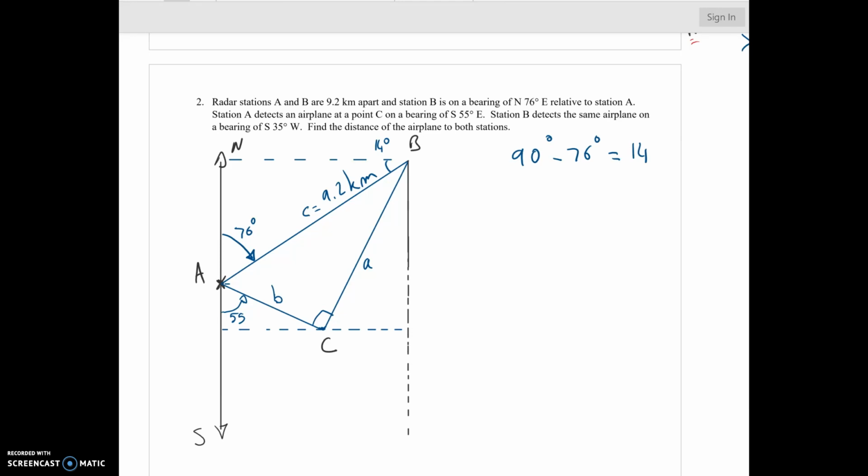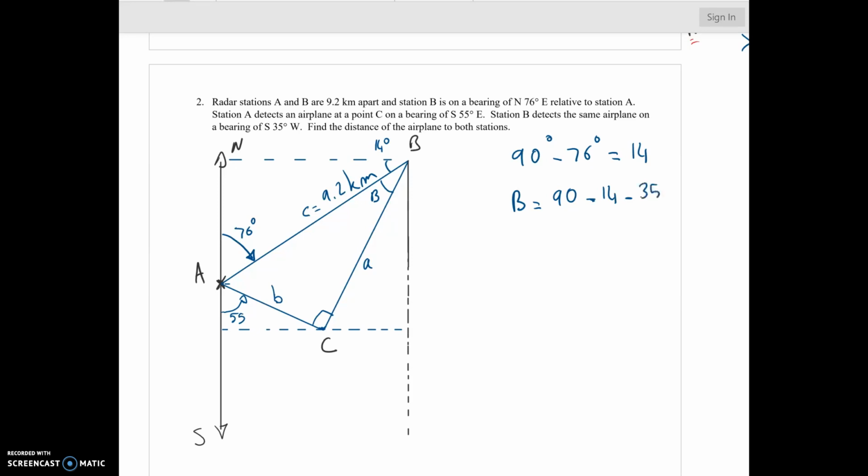Now, if I want to find the value of the angle B, this angle B is right here, and it's going to be equal to 90 minus the angle 14 degree minus the angle 76 degree. Minus 35 degree.